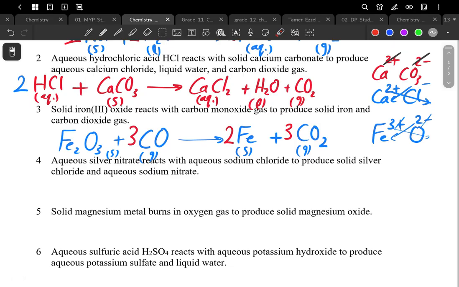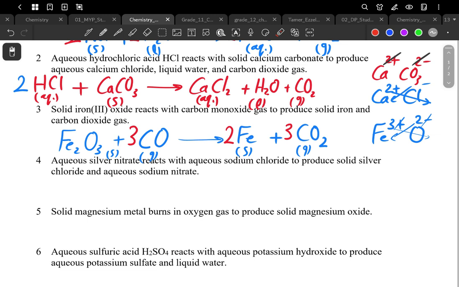So let's check now. How many carbon atoms? 3 carbon atoms, 3 carbon atoms. How many oxygen atoms in this side? Actually, there are 6 atoms of oxygen, because O3 plus 3O, here 3 oxygens plus 3 oxygen, so the total is 6 oxygen atoms in this side, and in this side 3 multiplied by 2 is 6 oxygen atoms, so the atoms of oxygen are now balanced.